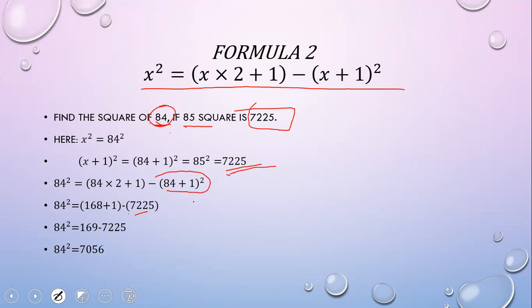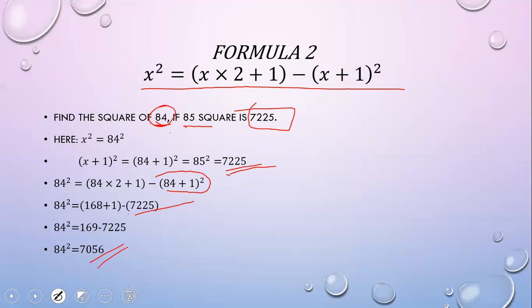So I'm going to directly write that. 84 square will be 168 plus 1, 169 minus 7225, which gives us 7056, which is the answer.